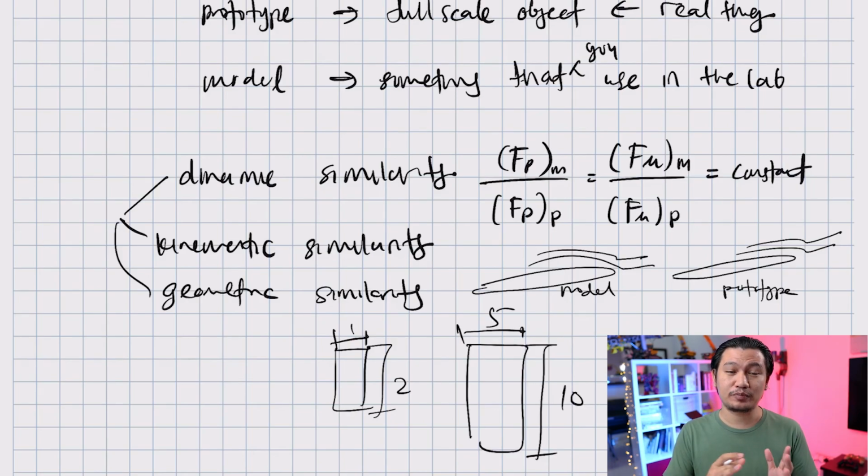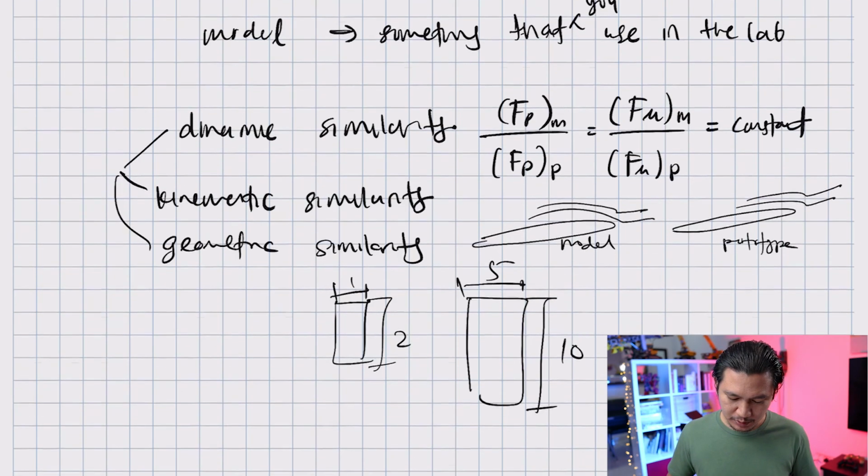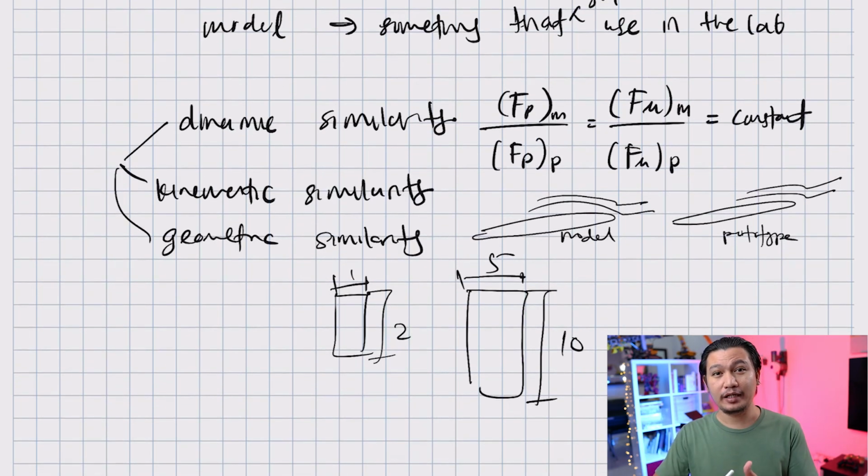The ratio of the prototype or the shape of the prototype must be similar with the shape of the model. So when you satisfy these three similarity principles, which is dynamic, kinematic, and also geometric, it means that whatever that your model is predicting, you can simply convert that prediction. You can simply convert that value, for example, drag or pressure drop, into the actual prototype using the appropriate ratio.